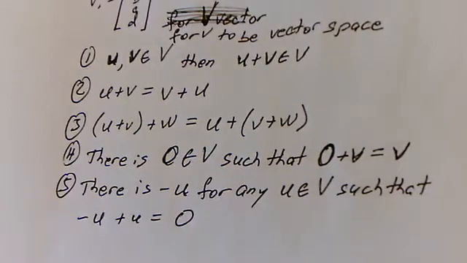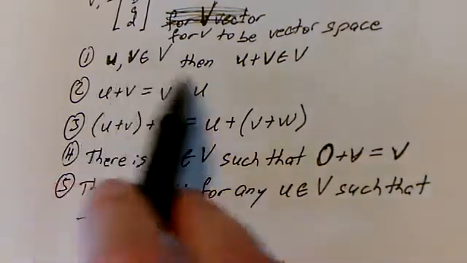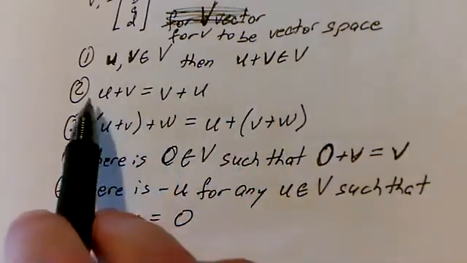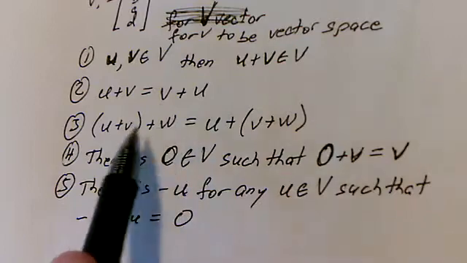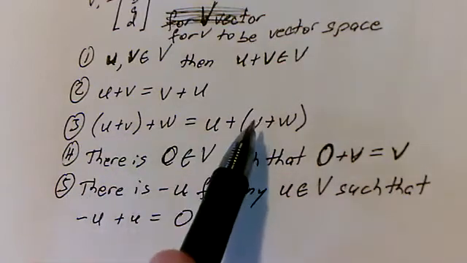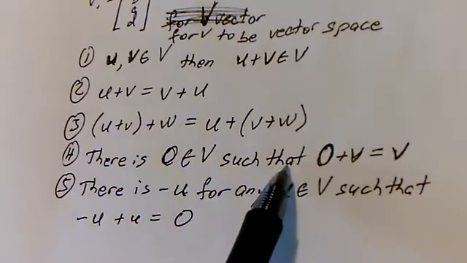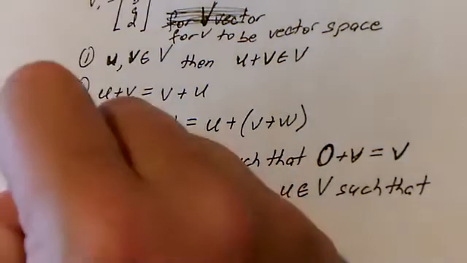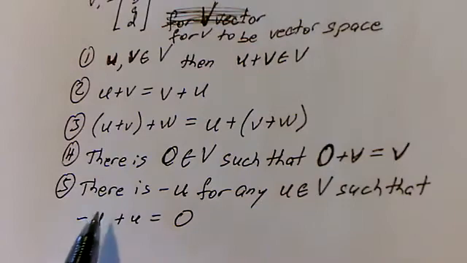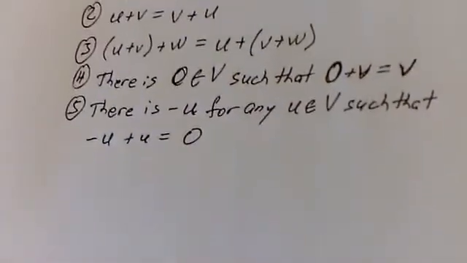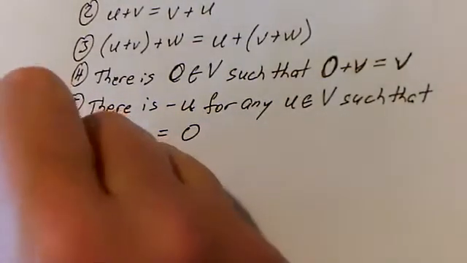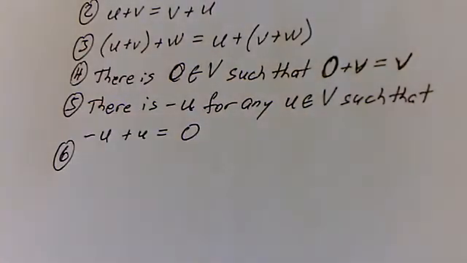So we have an additive inverse. You can think of these, right? This is closed under addition. This is commutative. Associative is number 3. I have a 0 property. I have a 0 vector, something that adds no quantity. And I have an additive inverse, something that when I add it to u, to its counterpart negative u, I get 0.